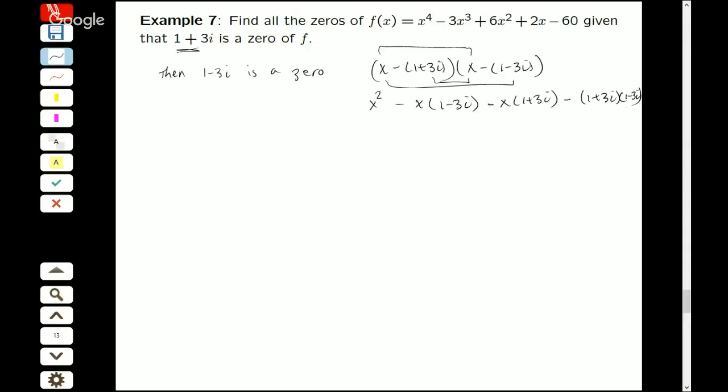Good stuff. So that's x squared. Distribute the x through. I'm going to have a minus x plus a 3ix minus x minus a 3ix, which is good news. Those are going to cancel.